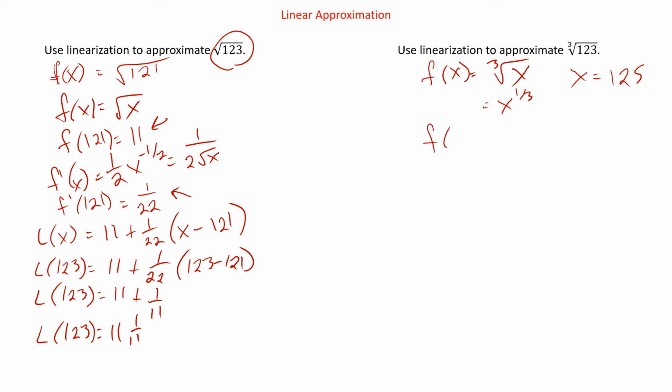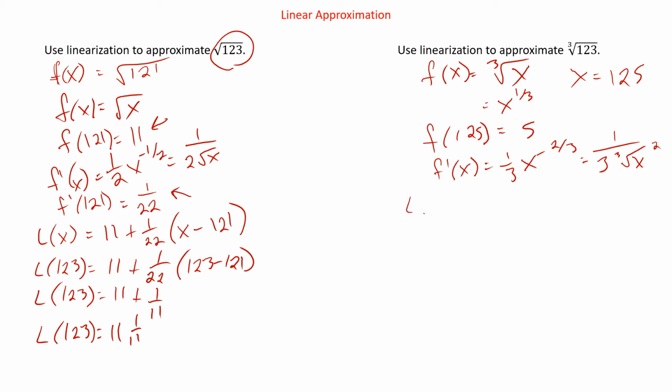F of 125, first of all, is 5. Then f prime of x will be 1/3 times x to the negative 2/3, which could be rewritten as 1/3 times the cube root of x squared. It doesn't matter if the squared is inside or outside of the root.